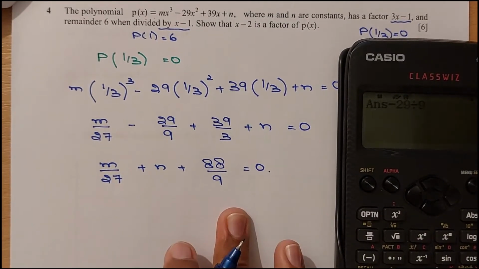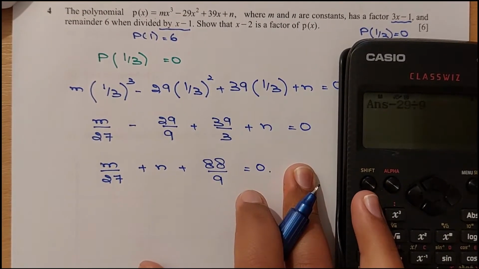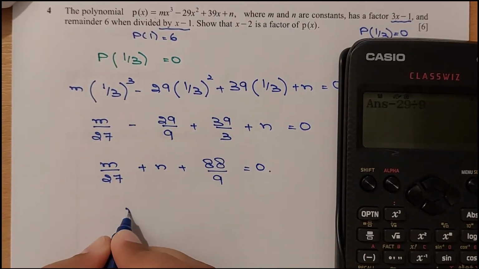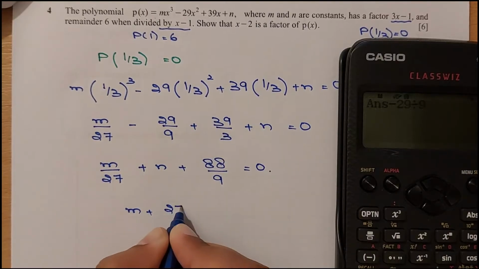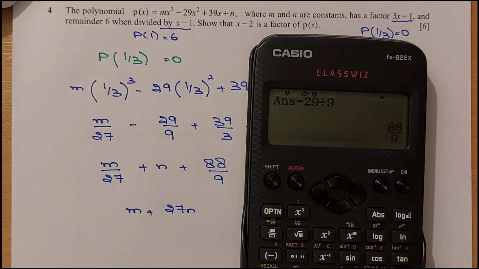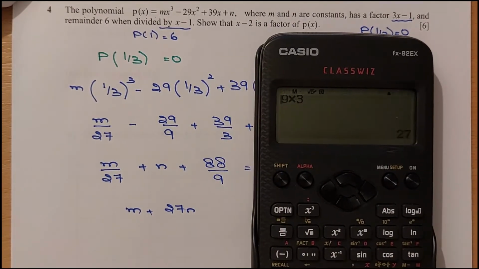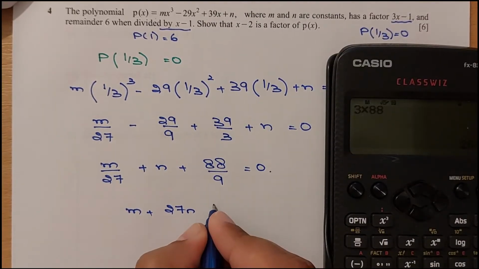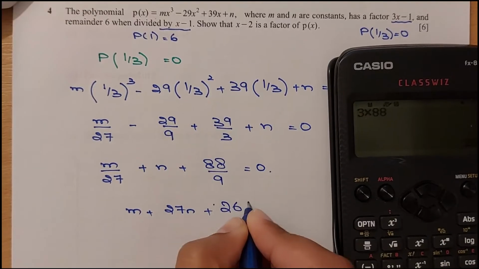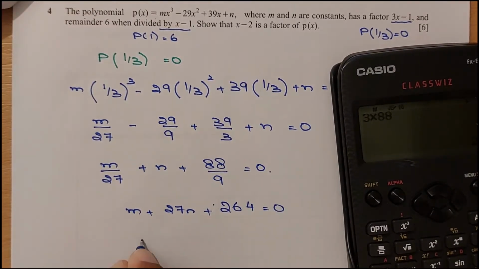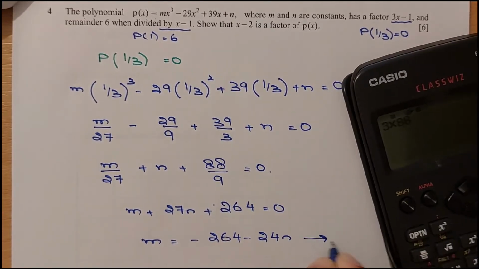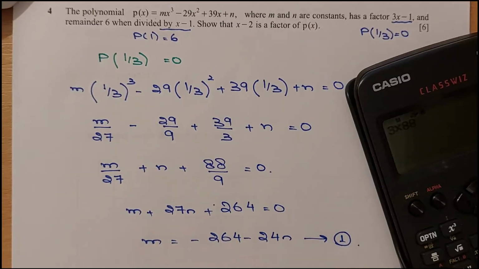So let me multiply throughout by 27, and 27 times 0 is 0. So m plus 27n, and 9 times 3 is 27, and 3 times 88 is 264. So plus 264 equals 0, or we can say that m is equal to minus 264 minus 27n. This is my first equation. I got the value for m here.